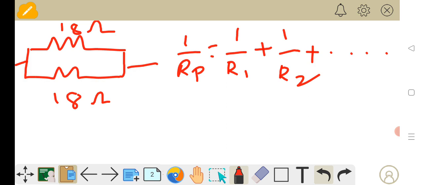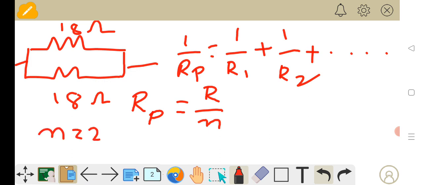Now when the resistors are same, that means the value is same, and if you have to find resistance in parallel, you have formula Rp is equal to R by N. N means number of resistors connected. Here we have number of resistors connected N is equal to 2 and R is equal to 18.